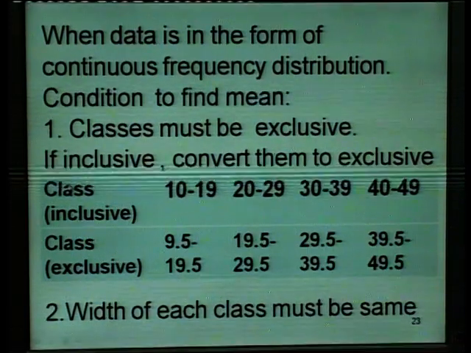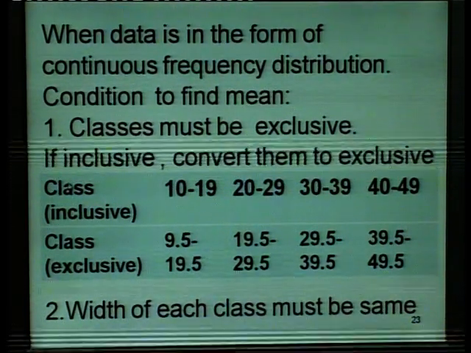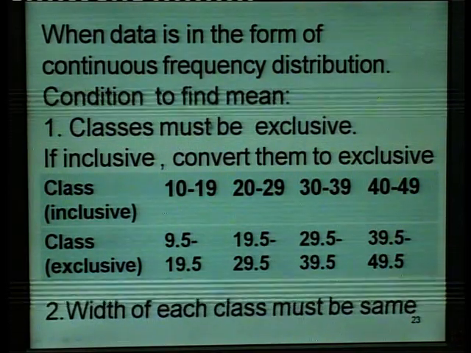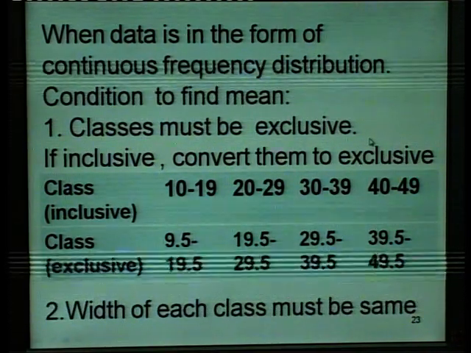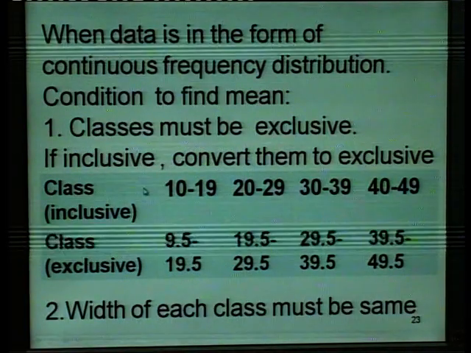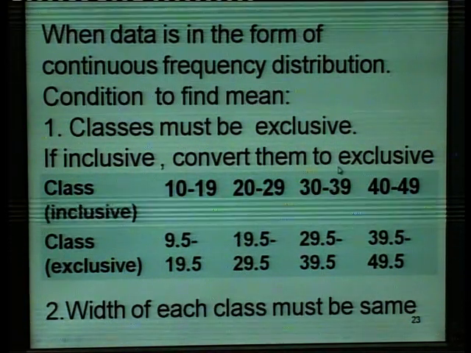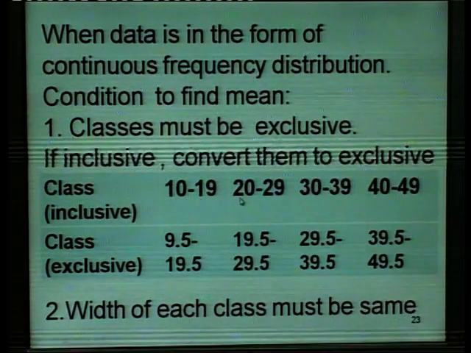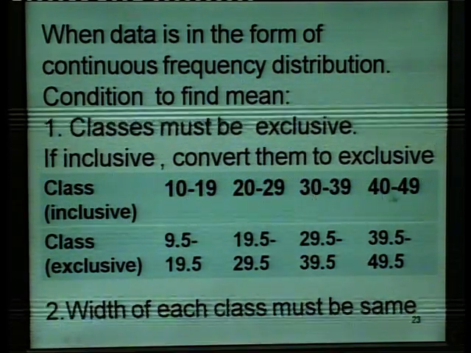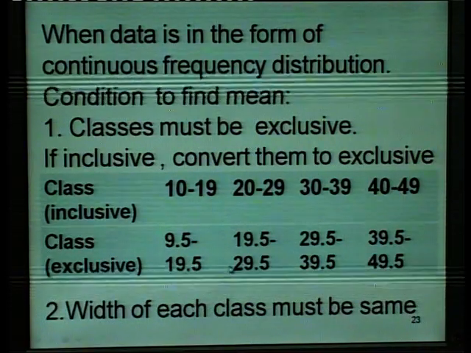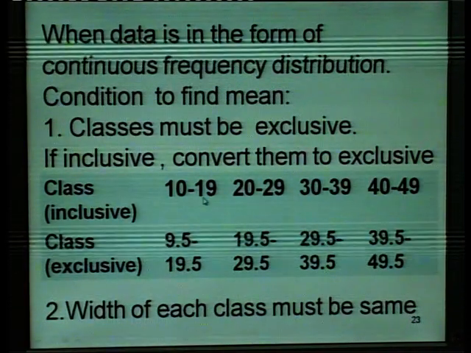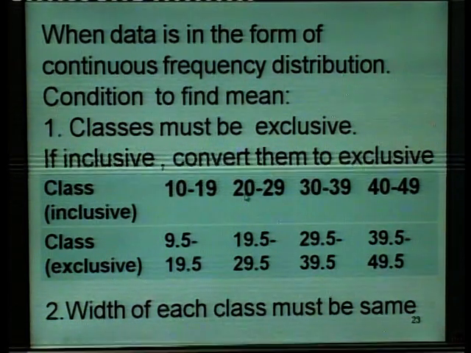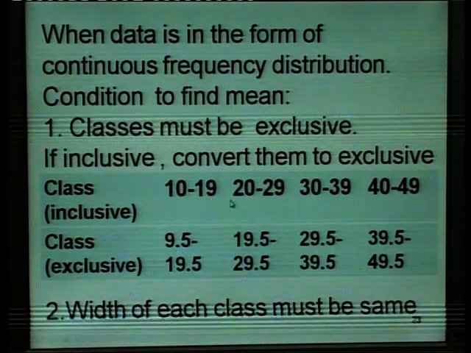First we determine whether we can find the mean. The first condition is that classes must be exclusive. If inclusive, convert them to exclusive to find the mean. Suppose these are the inclusive classes given: 10 to 19, 20 to 29, 30 to 39, 40 to 49. We convert them to exclusive. How? Take the difference, lower limit of the second class minus upper limit of the first, 20 minus 19, divided by 2, gives 0.5.